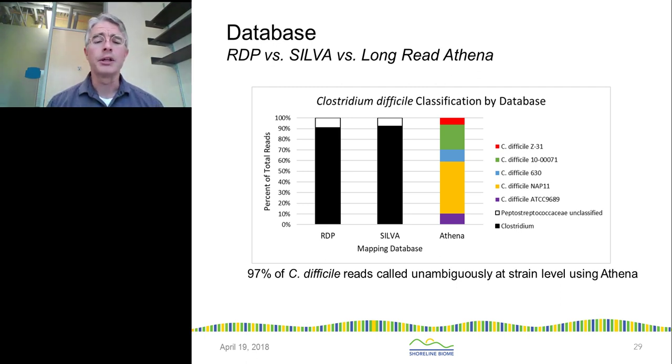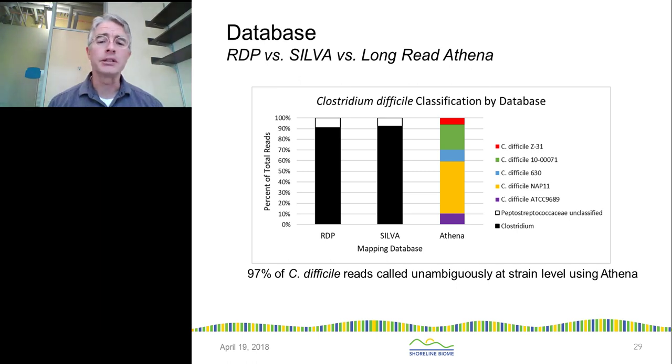And so the shorter reads that are in the RDP and Silva databases will get us down to Clostridium. So it's some kind of Clostridium. And that's great. I mean, if that's what you need out of the experiment, that's fantastic. In this case, though, what we wanted to do was get down to the strain level.